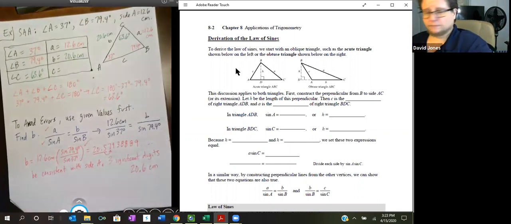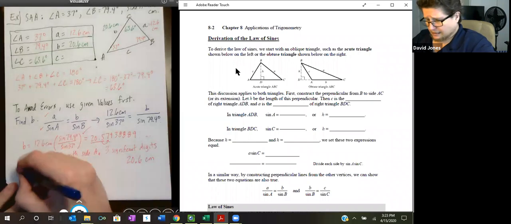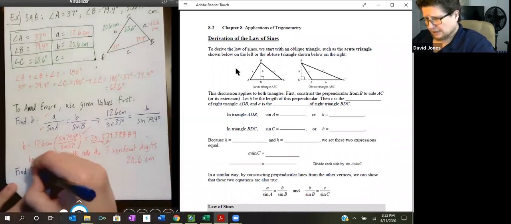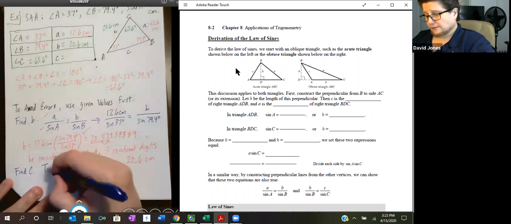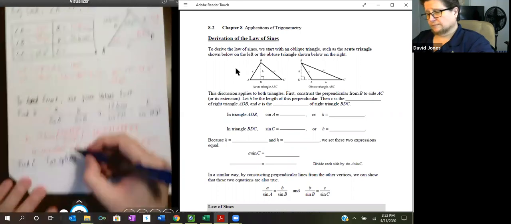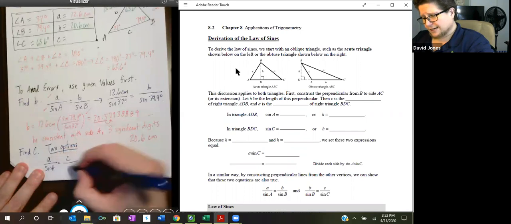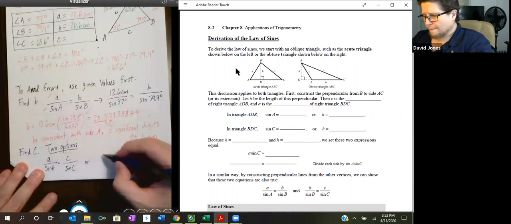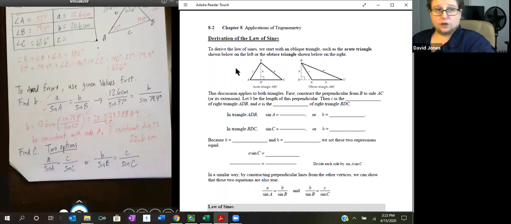Okay. Now to find C, I've got 2 options. A over sine A equals C over sine C, or B over sine B equals C over sine C. Those are my 2 options.